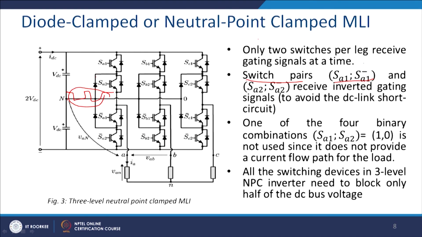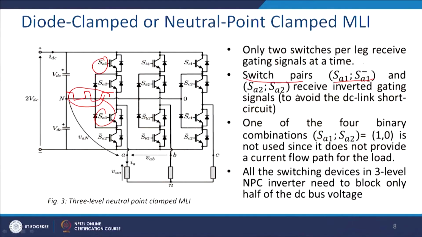So, to avoid a short, we require to ensure that switch pair S1 and S2 receive positive signals and S1 bar and S2 bar receive the inverted signal, because it is a complementary logic, and that will ensure a never shorting condition of the DC link voltage.